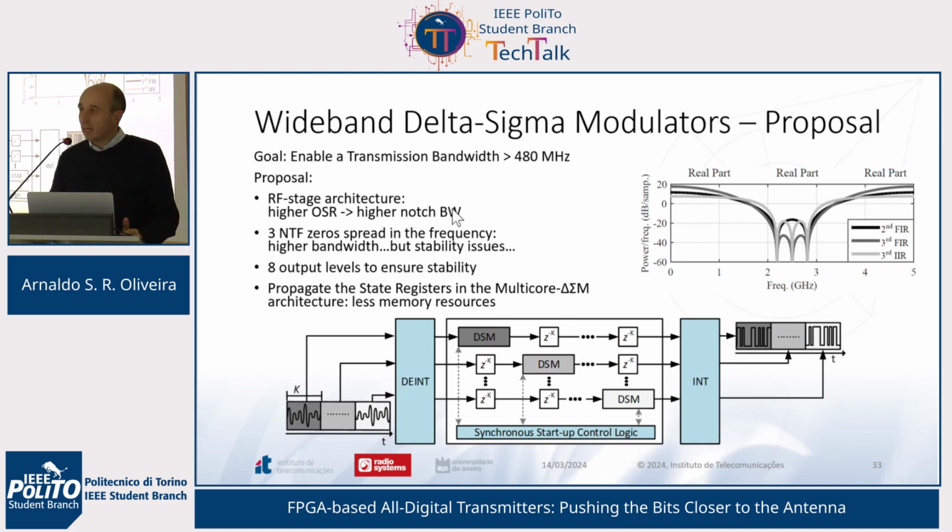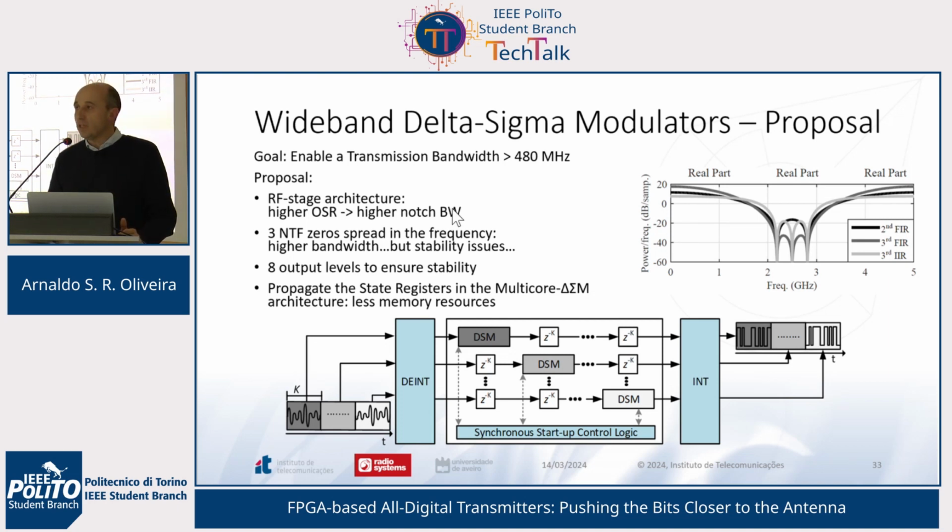We used an RF stage architecture, which means that we are putting the delta sigma at RF, not at baseband. We added 3 zeros to the noise transfer function of the delta sigma. It has several stability issues.